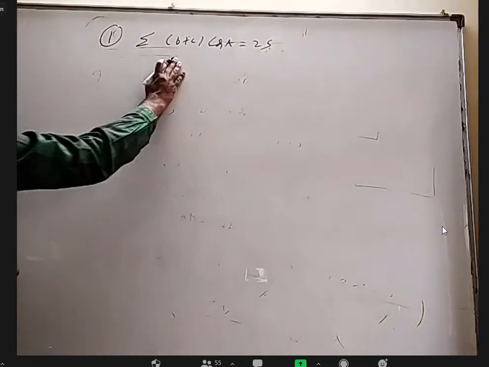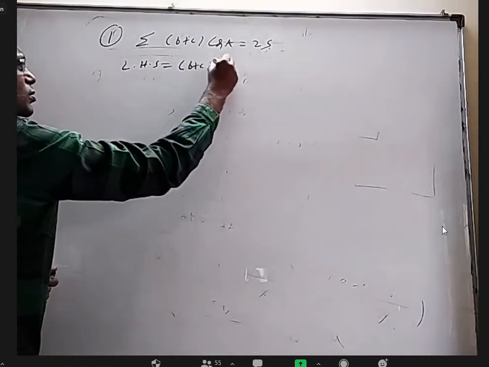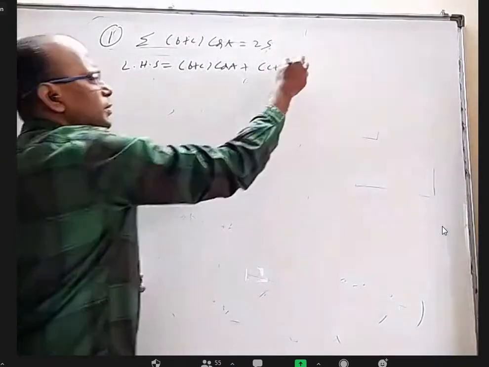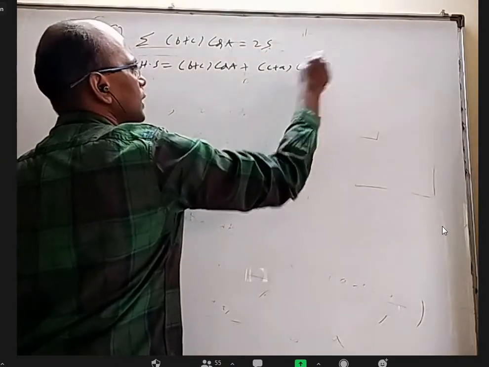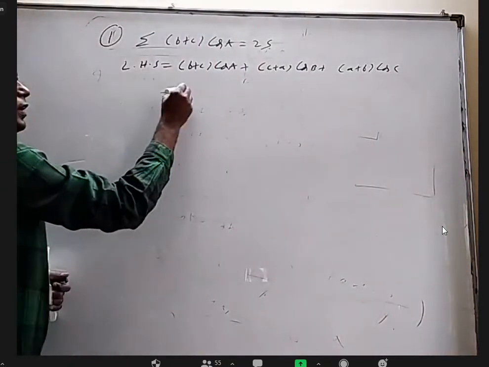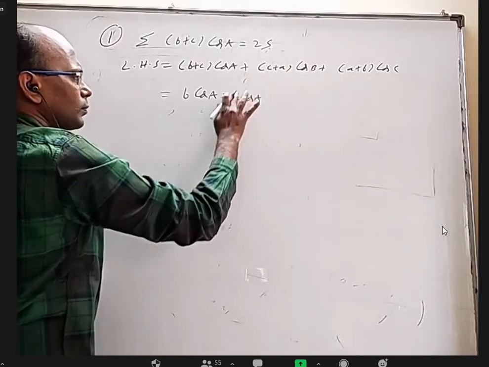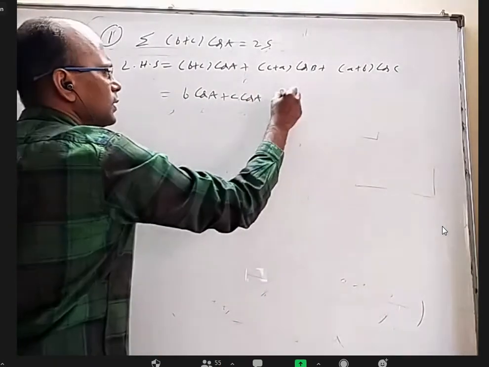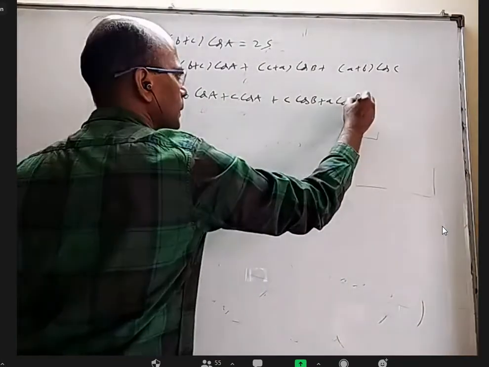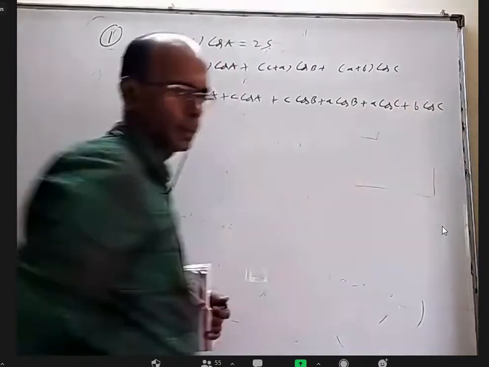For example, this one, if you start with LHS, it is (b plus c) cos a, then b becomes c, c becomes a, and a becomes b: (c plus a) cos b, and (a plus b) cos c. If I expand this, I'll get b cos a plus c cos a, c cos b plus a cos b, and a cos c plus b cos c.